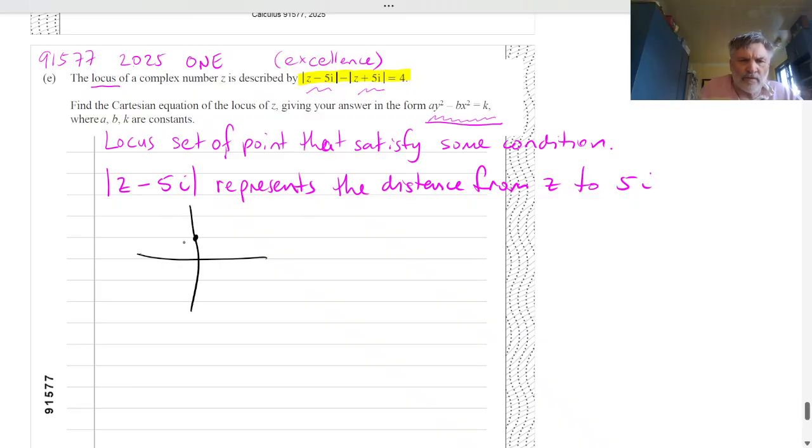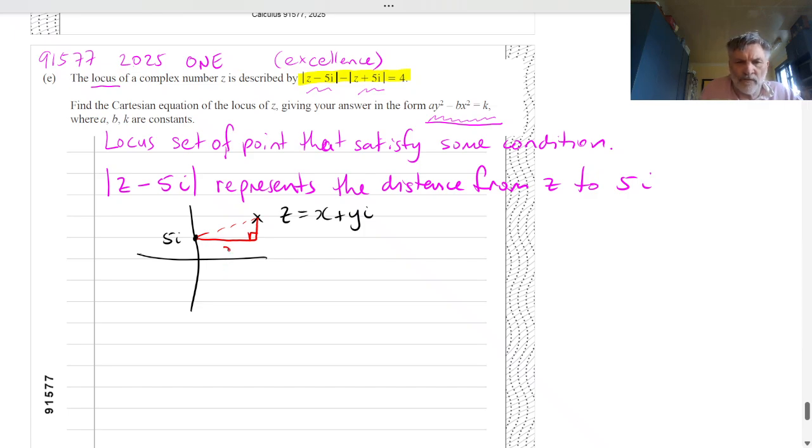So if we've got our point 5i up here and we've got some point z, which we can always write as x plus yi, then this distance we can calculate using Pythagoras in a right-angled triangle here.